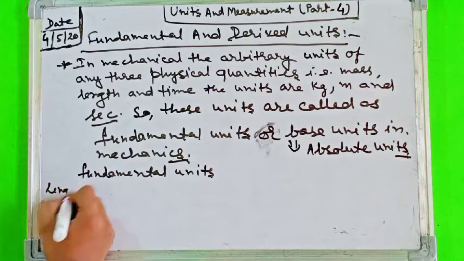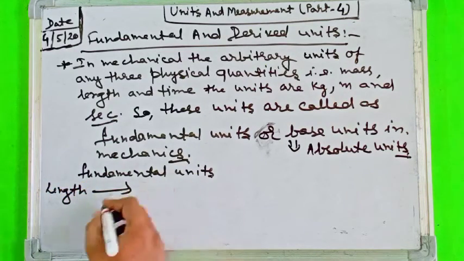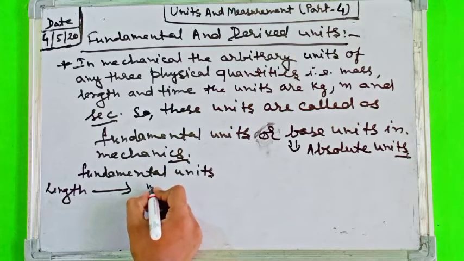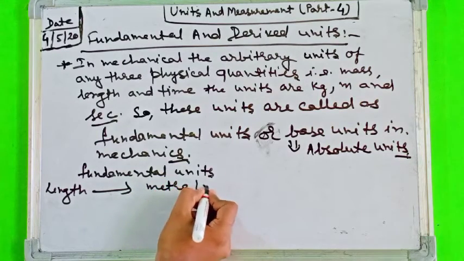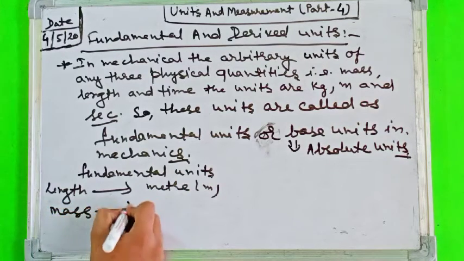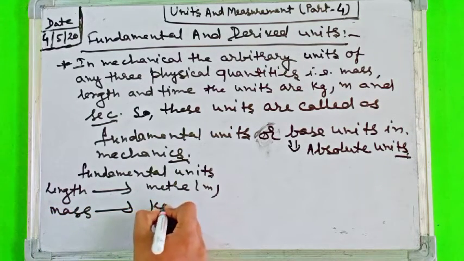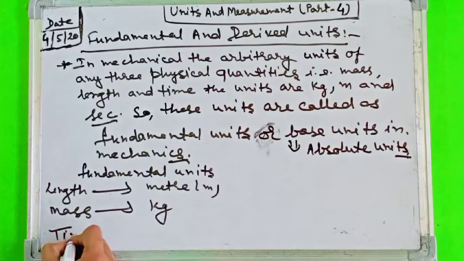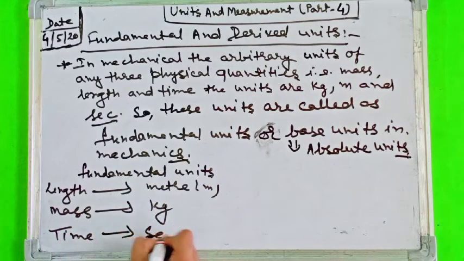Length, suppose length is the physical quantity, then its fundamental unit is meter. Mass, then kilogram. Time, then second. These are the fundamental units.